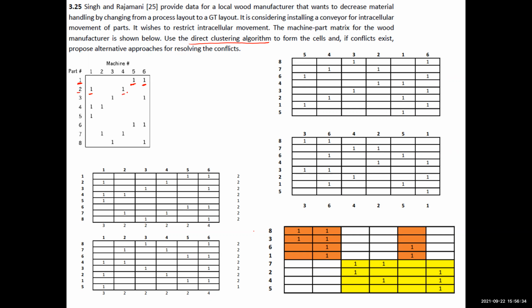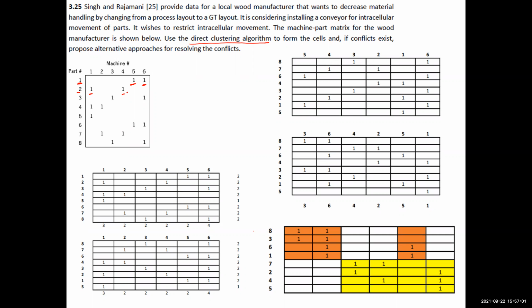So that's the data that we have. So the question is, using this direct clustering algorithm, can we separate this into different cells? And if that's the case, which machines will be together to process which parts? And we can get that information using this algorithm.